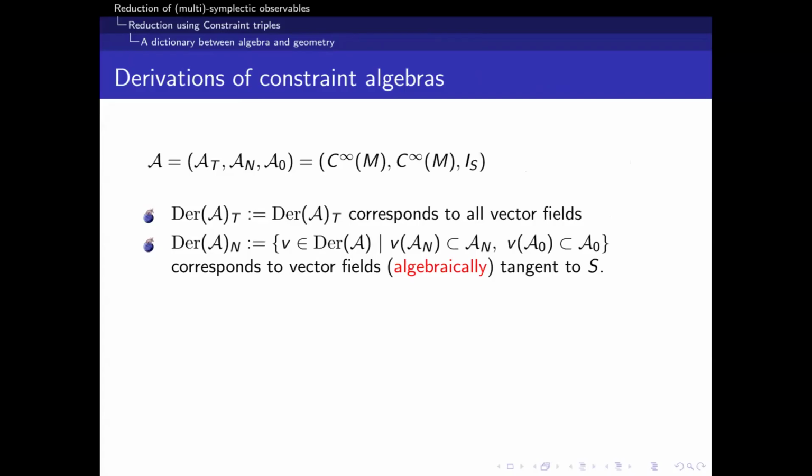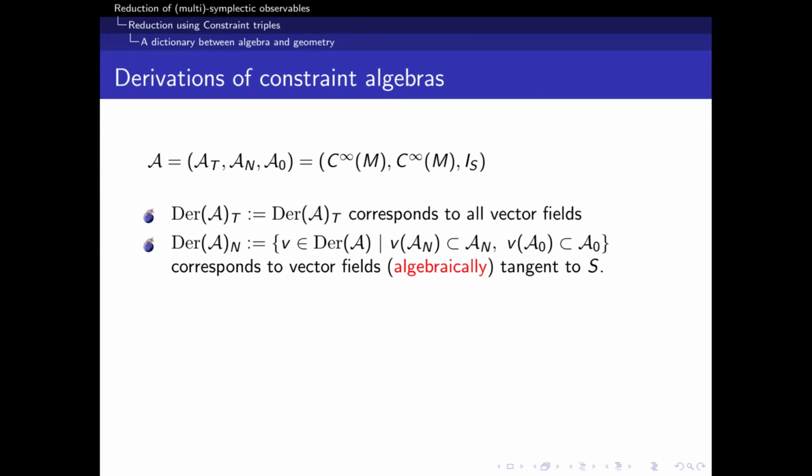Because AN and AT are the same thing, the first condition, v of AN is in AN, is not really there. And A0 was the ideal IS. So preserving A0 just means that we are preserving IS.